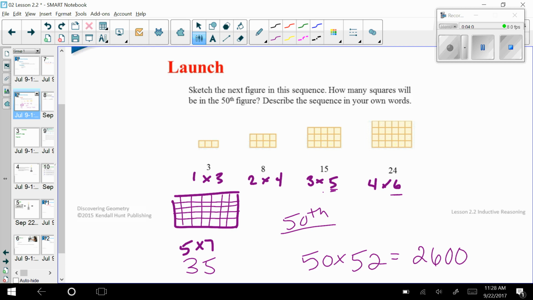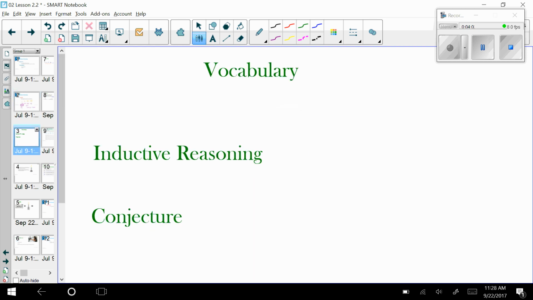So this lesson is all about recognizing patterns and drawing conclusions from those patterns.